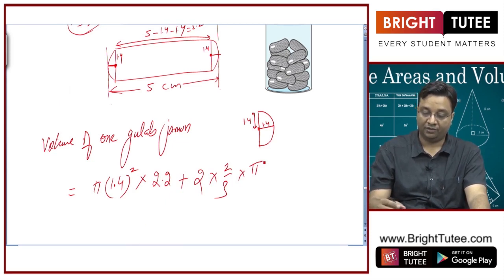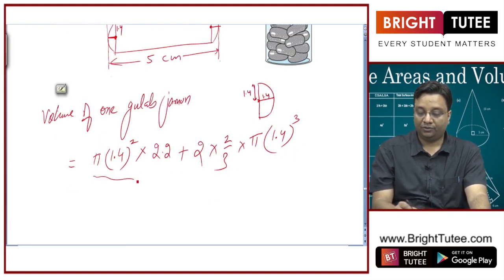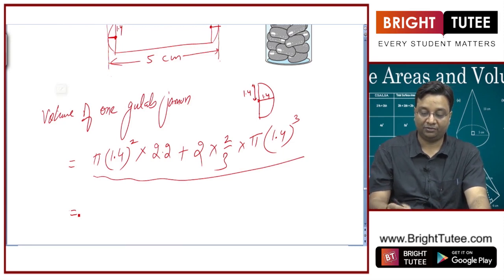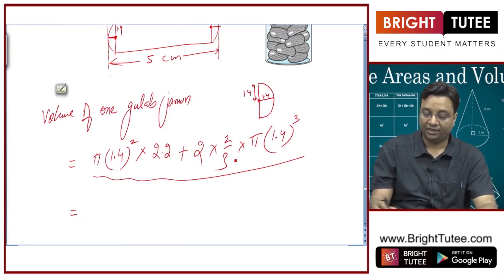What is r? 1.4 cubed. So this is the volume of one gulab jamun. We have got 45 of them. So let's first calculate the volume of one gulab jamun, then we will think about other things.